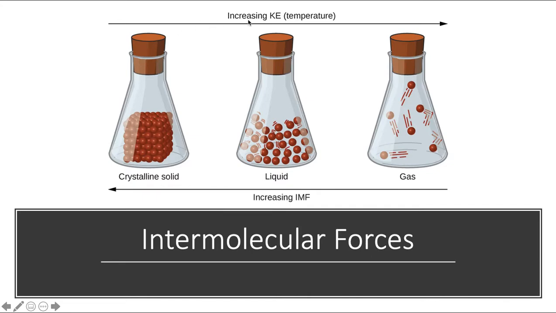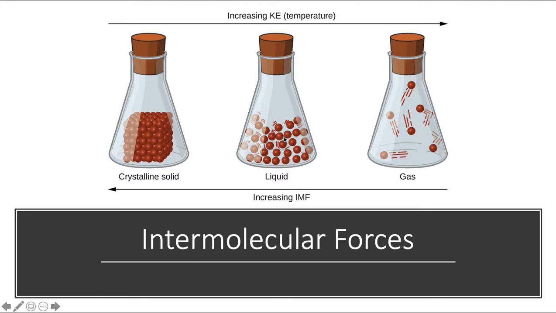Now what happens if I increase the kinetic energy in terms of temperature of the solid? As I increase the temperature, which translates into kinetic energy, these molecules start to gain enough energy that they can overcome those forces that hold them there. If they overcome those forces, the solid starts to break down, starts to melt, and it turns into a liquid.